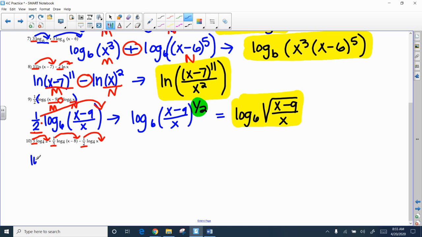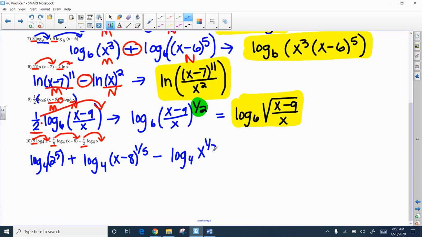So this will be log base 4 of 2 to the 5th power, plus log base 4 of x minus 8 to the 1/5 power, and then minus log base 4 of x to the half power.